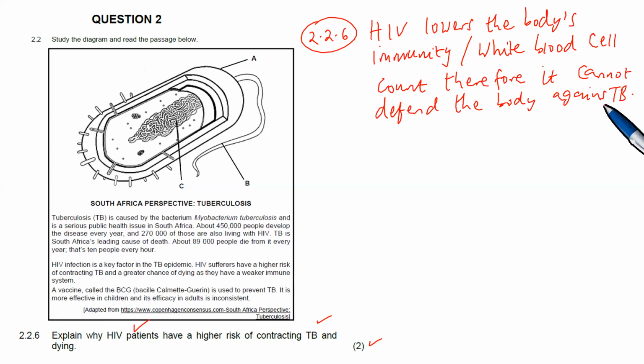HIV lowers the body's immunity, or it lowers the white blood cell count. Therefore, it cannot defend the body against TB. That is the reason. If HIV lowers the body's immunity, it means the white blood cell count drops, therefore it cannot defend the body against TB. That is very important.